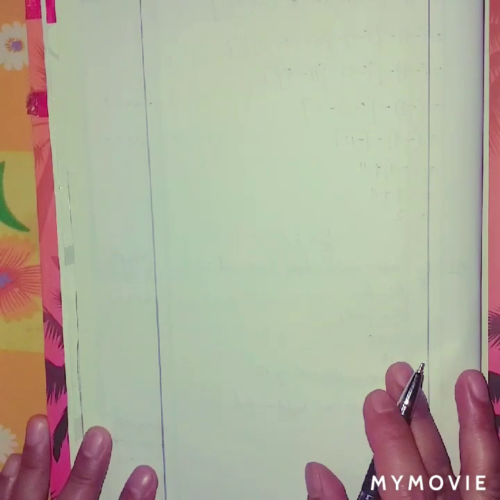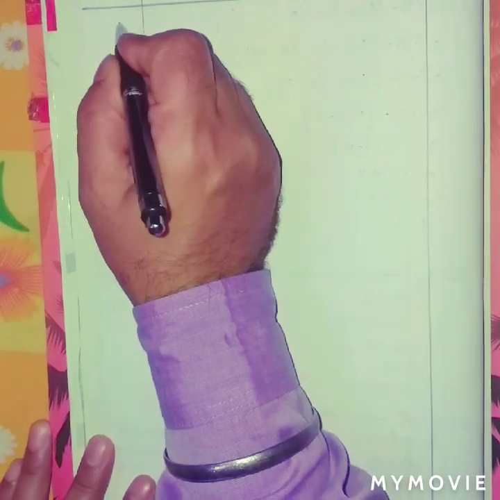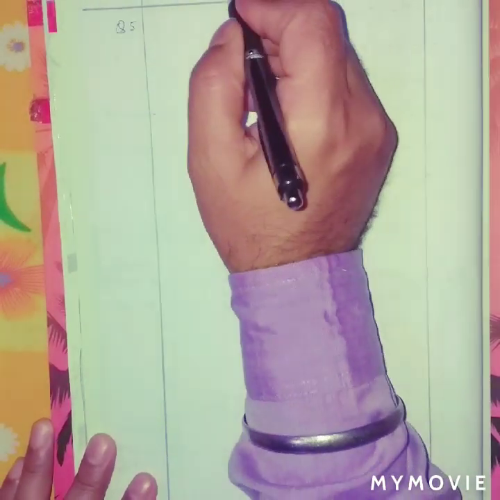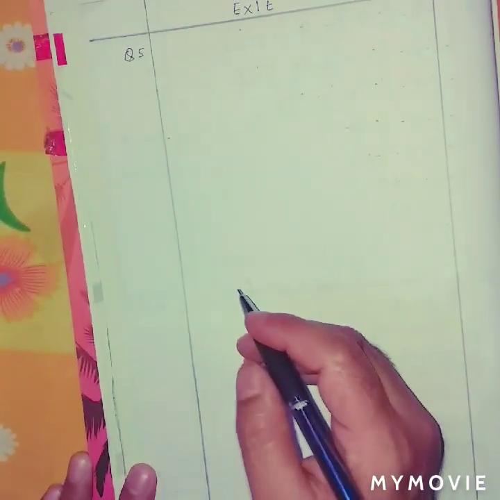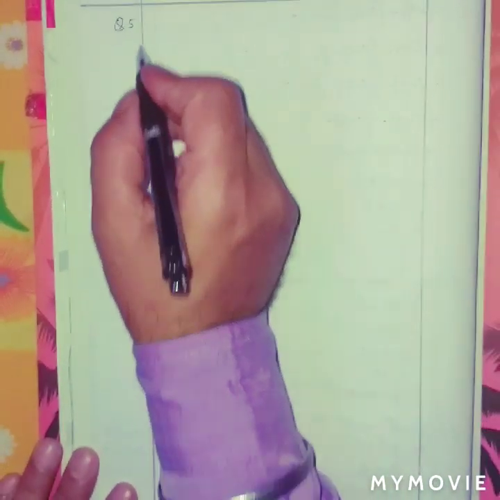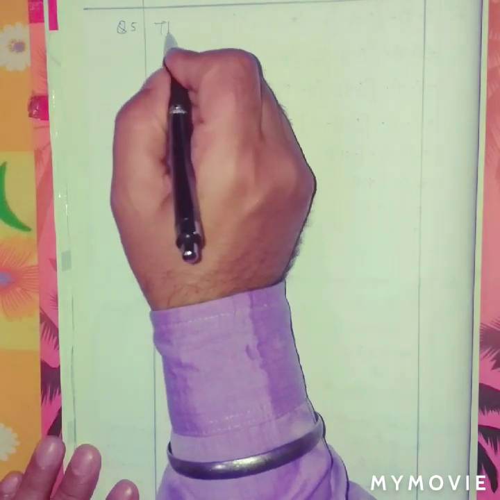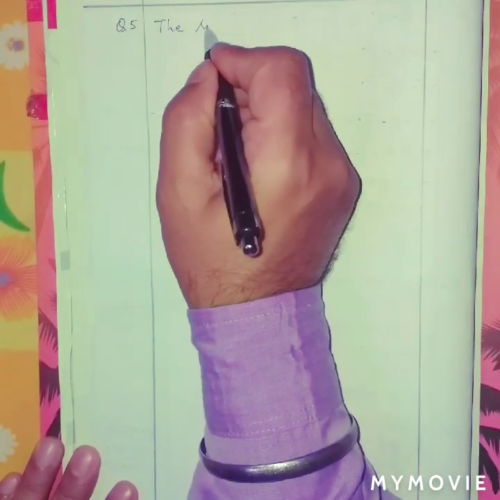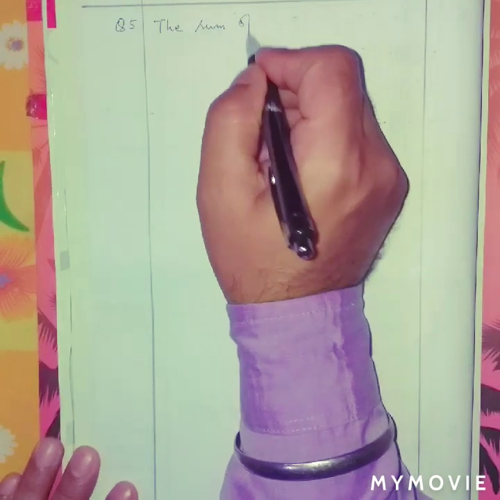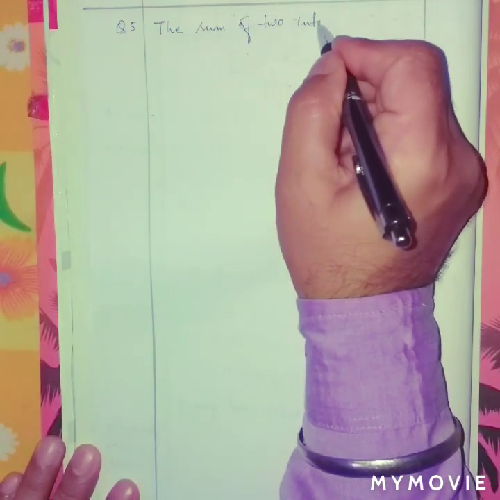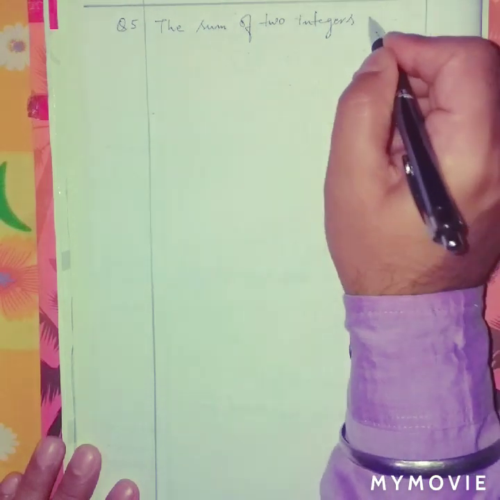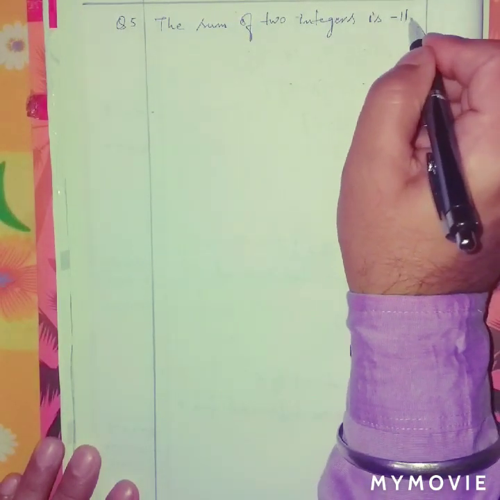Next is question number 5, from exercise 1E. I'm writing the question: the sum of two integers is minus 11.